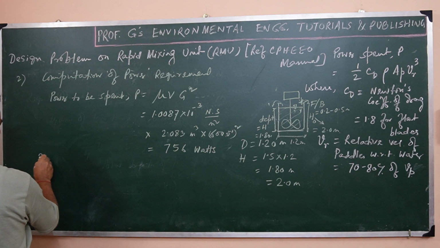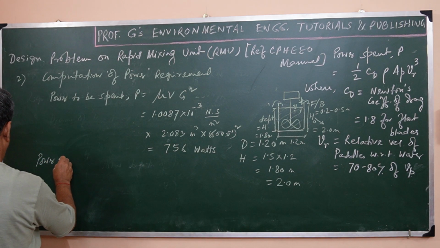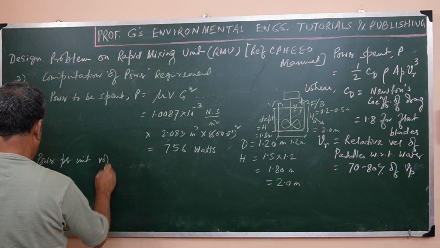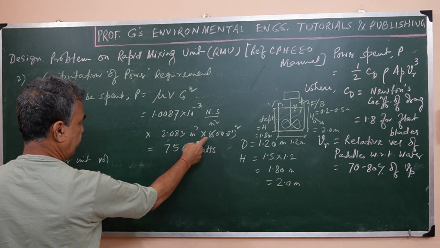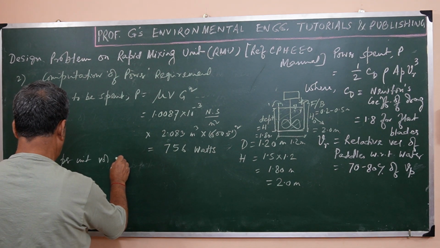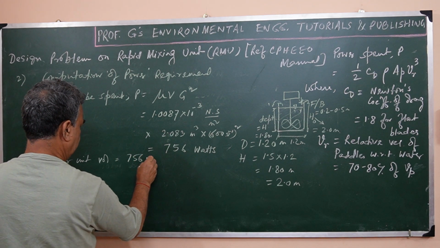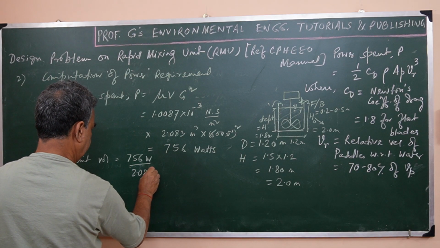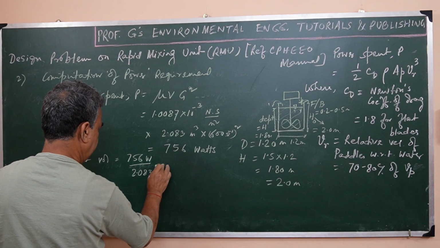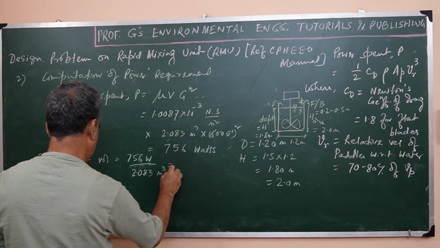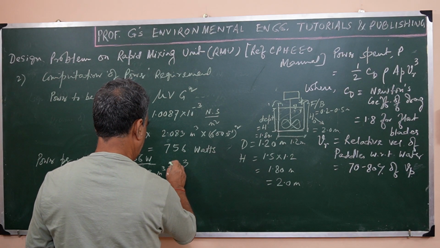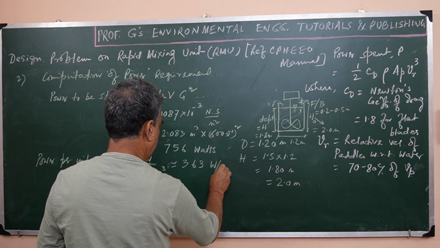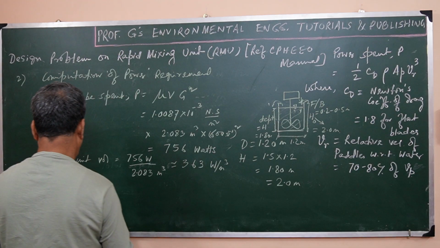So if you want to check power per unit volume of the tank, the wet volume also, the liquid volume, this would be 756 watt divided by 2.083 meter cube. So this would be approximately, rounding off, 363 watt per meter cube, right?